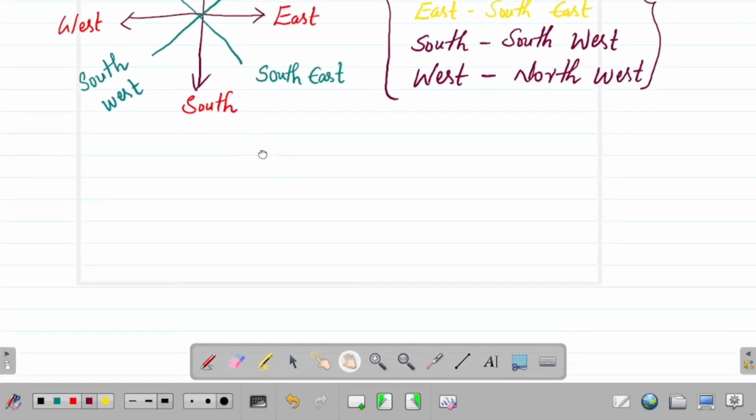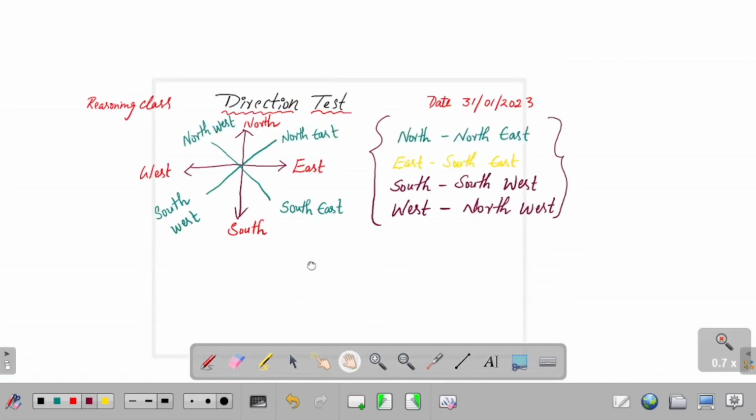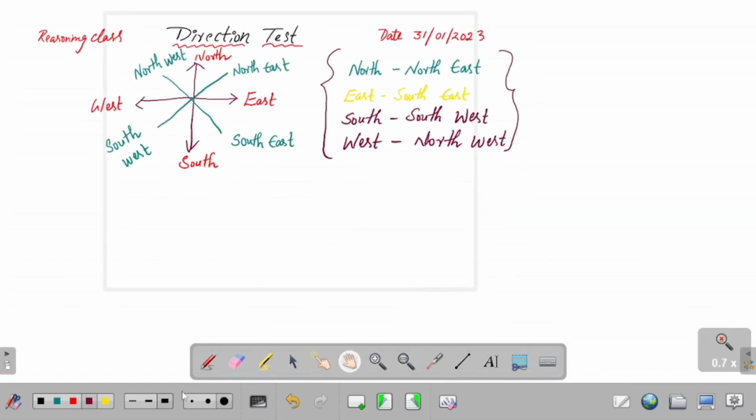I will make it a little bit smaller. The next thing is very important. I will take the marker. Now see, suppose this is the arrow direction, showing upwards.